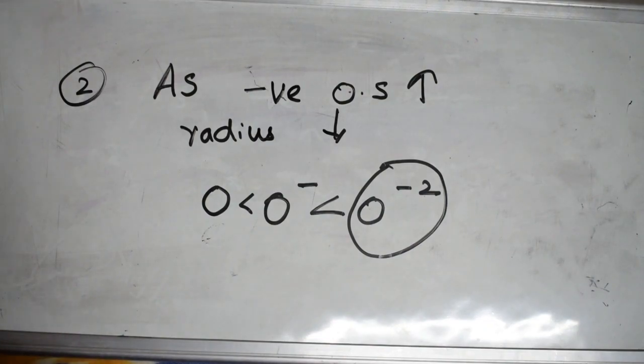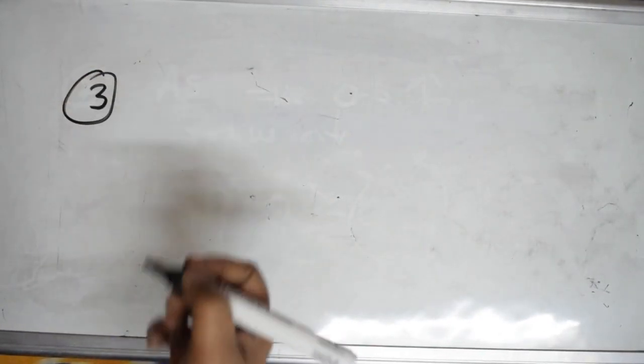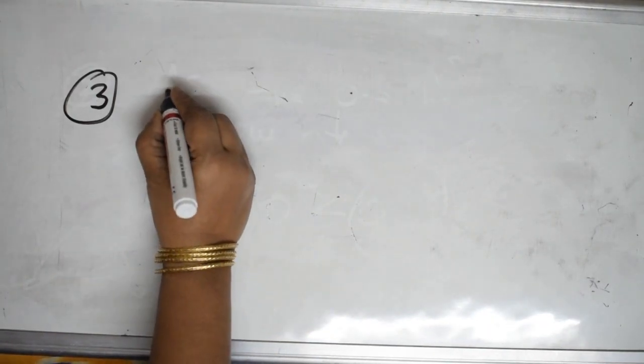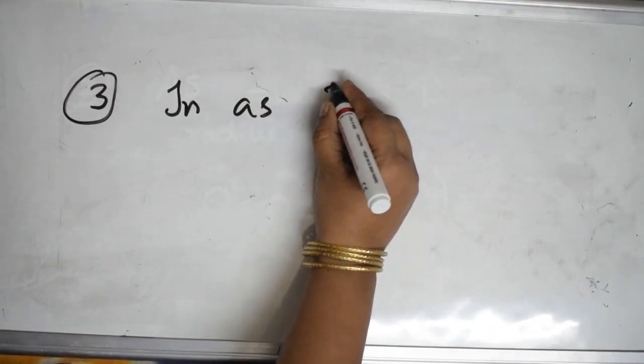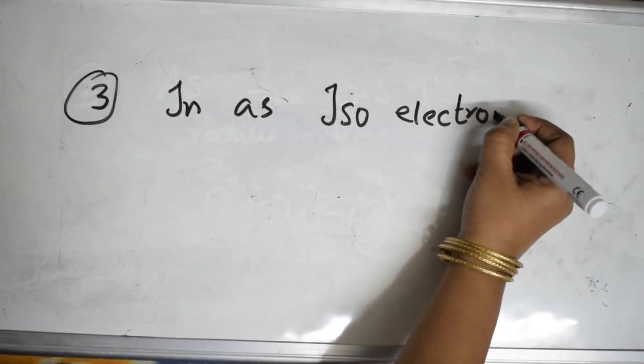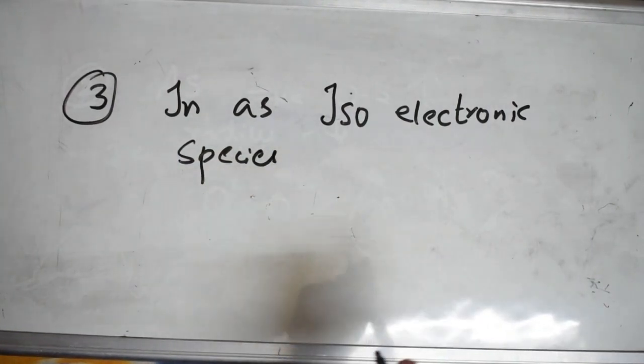Let us take one more trick and see with an example. In the third trick, suppose there is an isoelectronic species. In isoelectronic species, what happens?